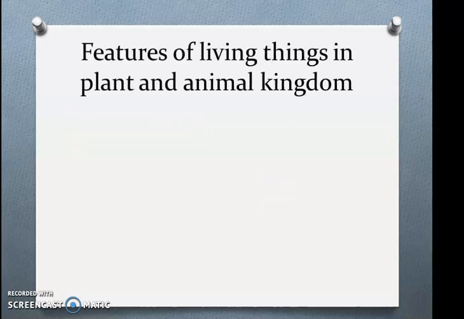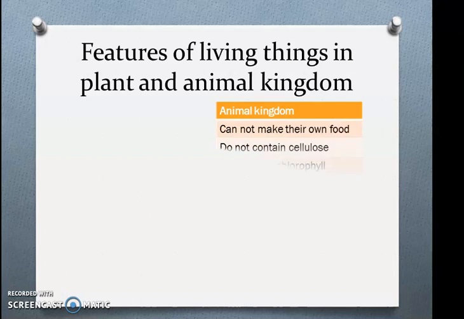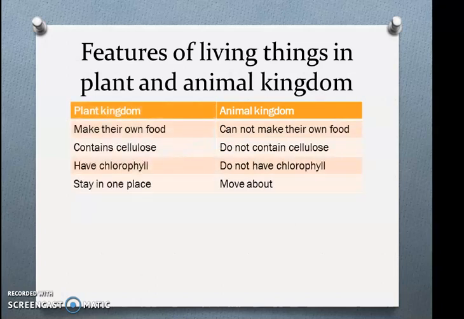Now further, each kingdom is divided into different groups. The plant kingdom and animal kingdom have certain features, and on the basis of these properties, we divide them into further groups. But first we need to know the basic differences between the plant kingdom and animal kingdom, so that we can put them in separate groups.